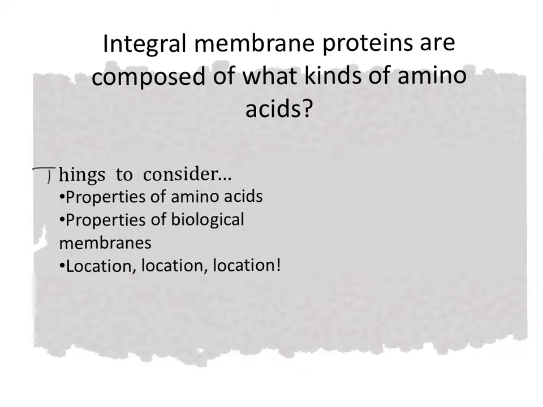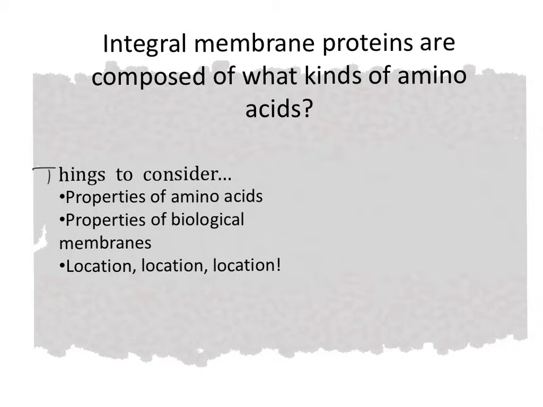And here we're talking about the R groups, not the backbone, the R groups. Once again, this is a reminder, don't forget your amino acids, because they're on almost every quiz and exam. Secondly, we have to think about the biophysical properties of the biological membranes, and then also we have to consider the location of these.